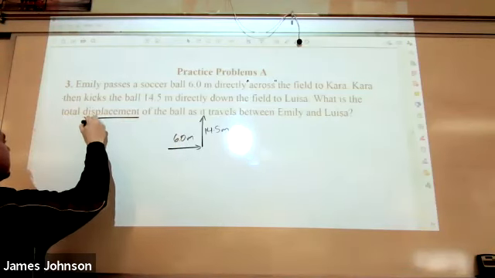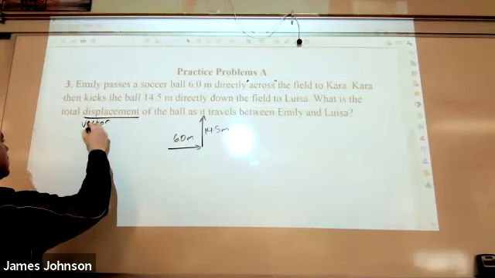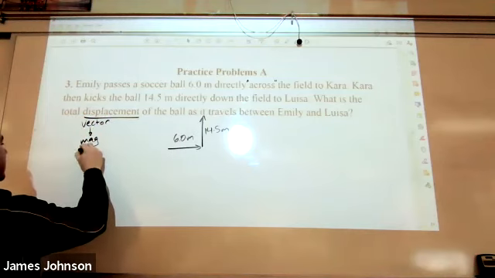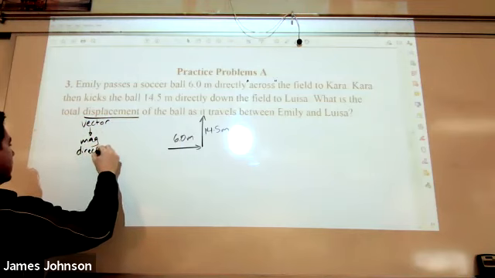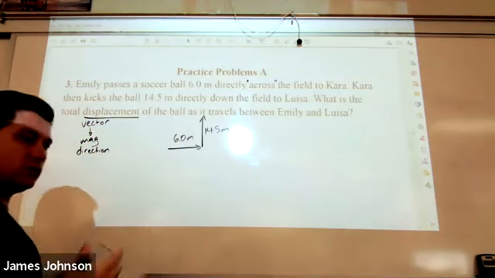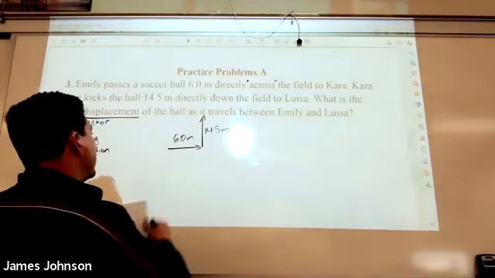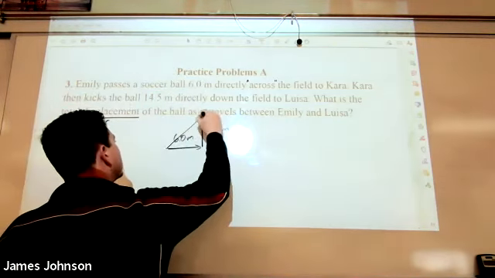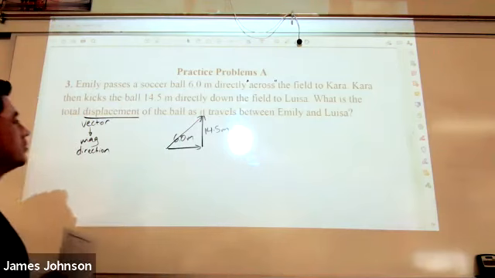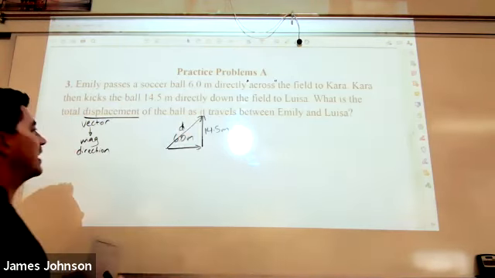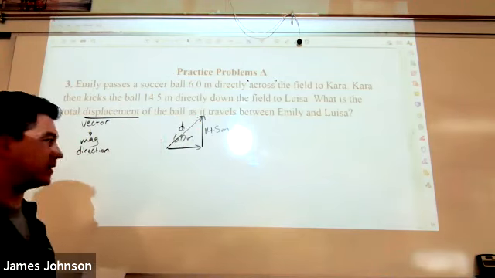Again, it's a vector, which means I need magnitude and direction. So I'll be using the Pythagorean theorem and the inverse tangent function. We have this resultant, again represented by D, that represents a straight line displacement.